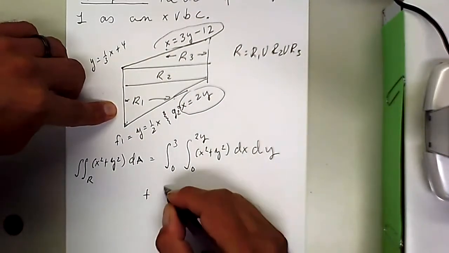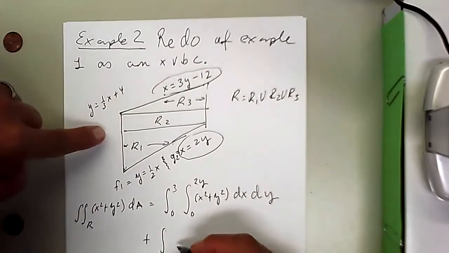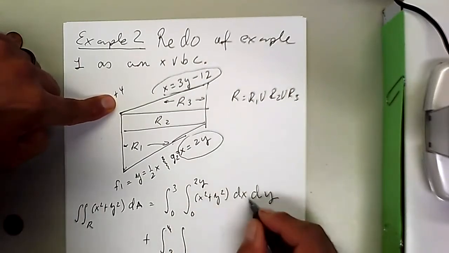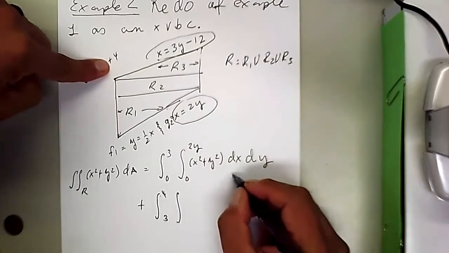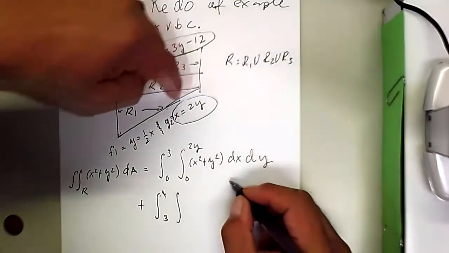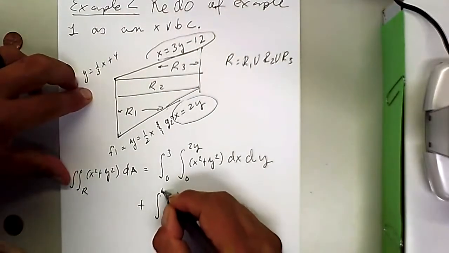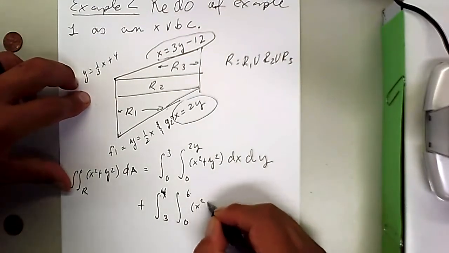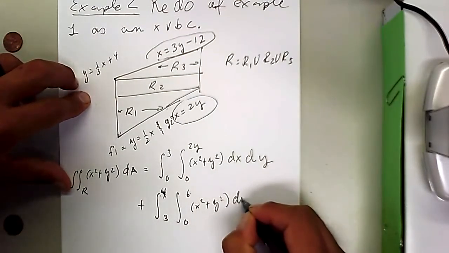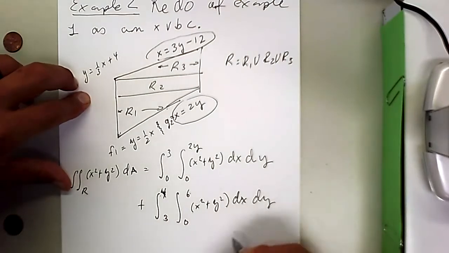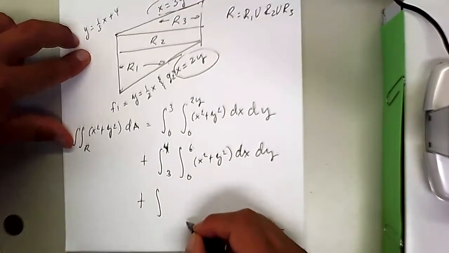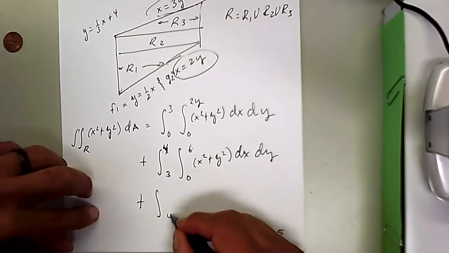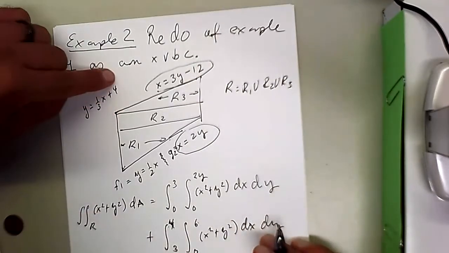Then we have to add region 2. Region 2 starts at 3 and ends at 4. The x goes from 0 to 6, of x squared plus y squared, dx dy, plus the integral from 4 to 6.